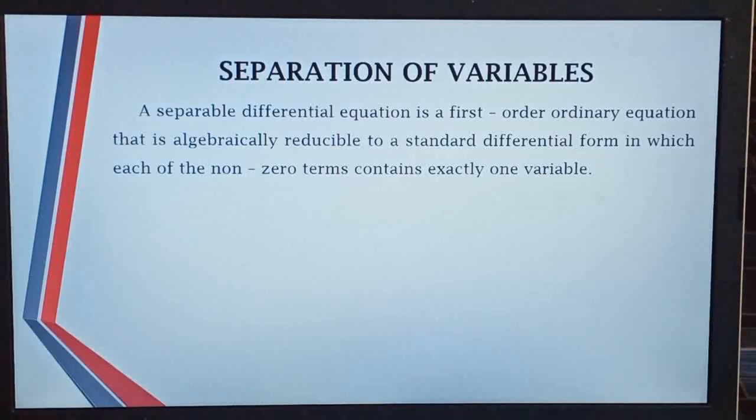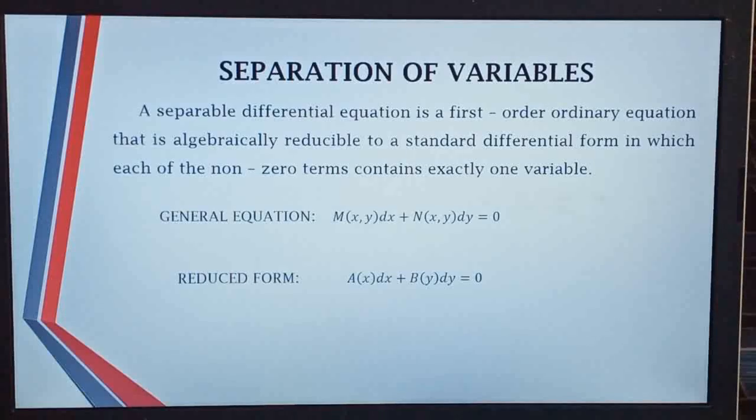So if the given is a function of x and y multiplied by dx plus a function of x and y multiplied by dy equated to 0, you should reduce it to a form wherein dx is in terms of x only, then dy is in terms of y.